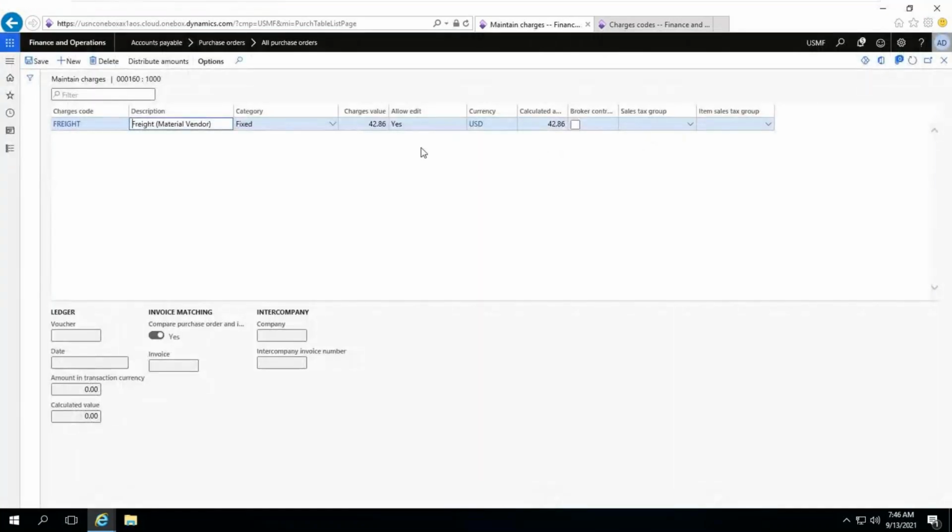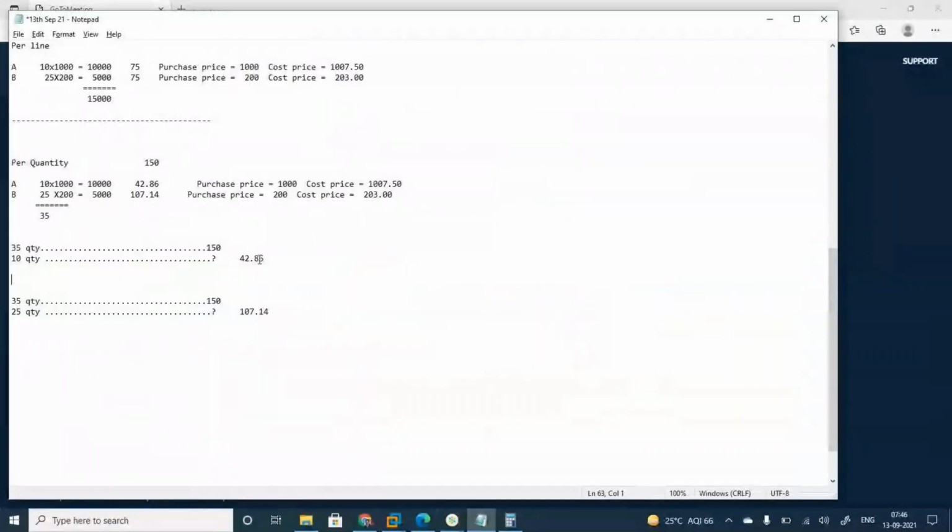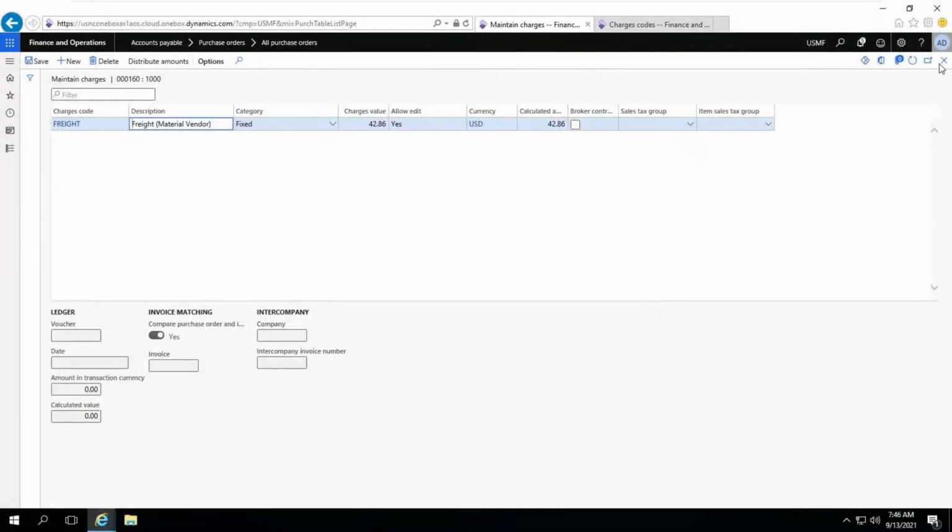Okay, now it is 42.86. Look at this one. Second line, it is 108 point something, whatever it is, it will come.